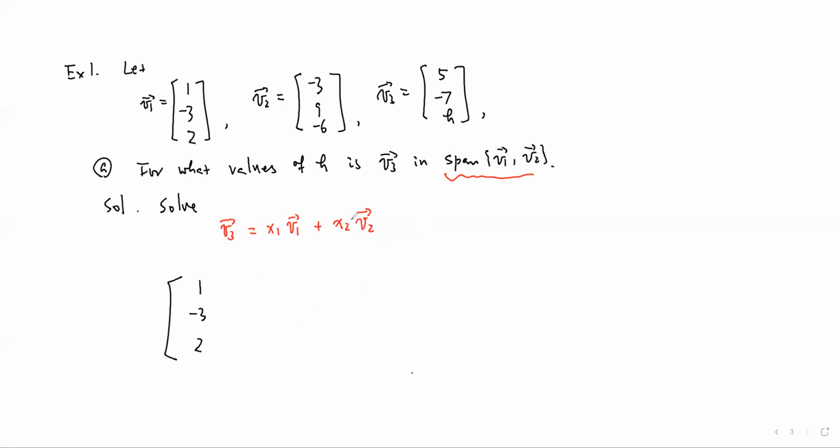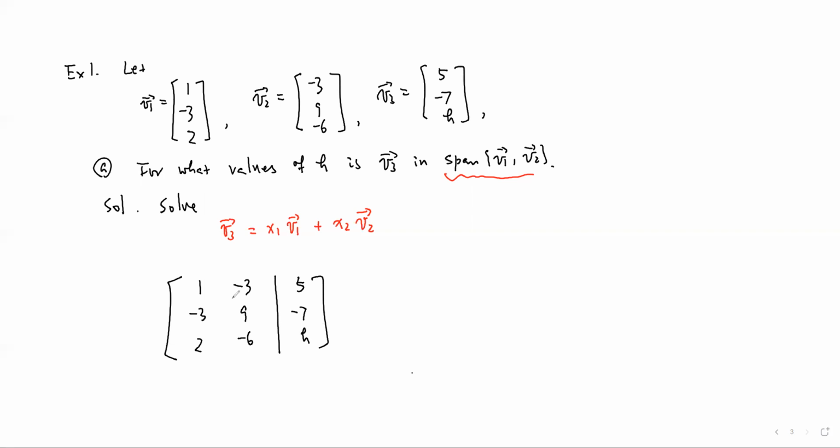The coefficient of x2 is v2, so I put v2 here. And then the right-hand side is v3. Now I want to know when this linear system has a solution.